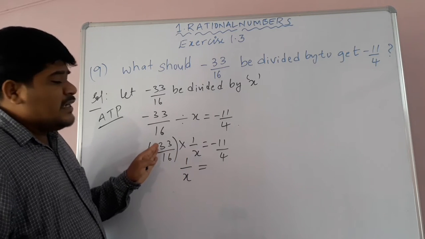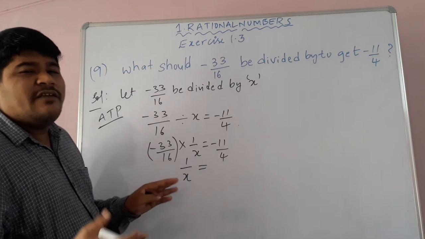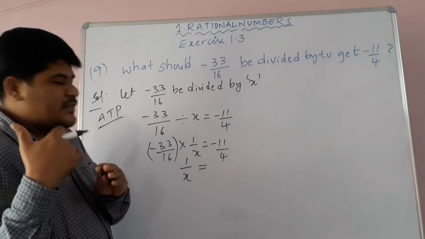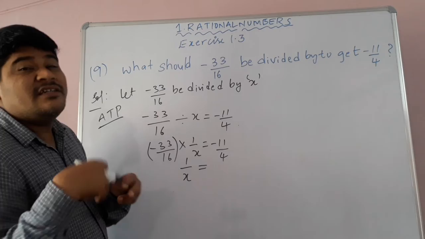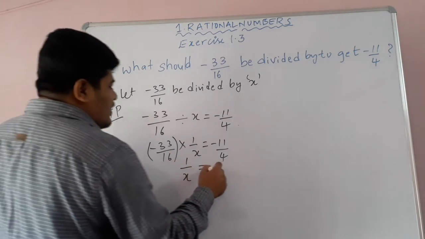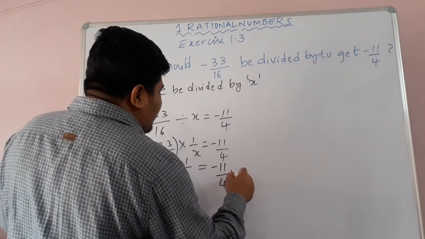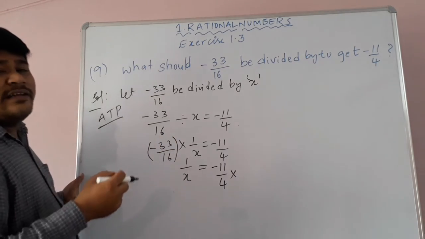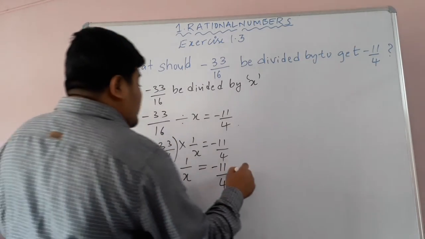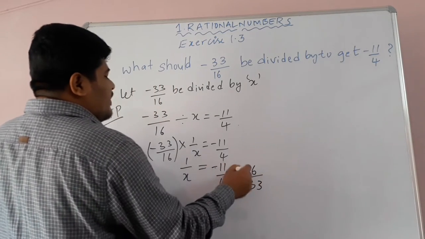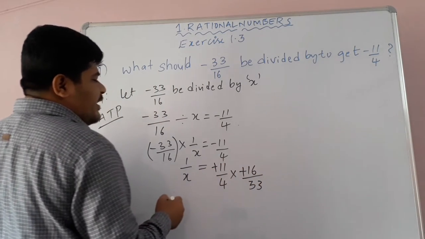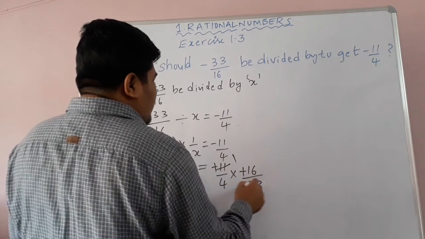After transposing, minus 33/16 becomes its reciprocal. So 1/x is equal to minus 11/4 times the reciprocal of minus 33/16, that is minus 16/33. Children, minus into minus is plus.